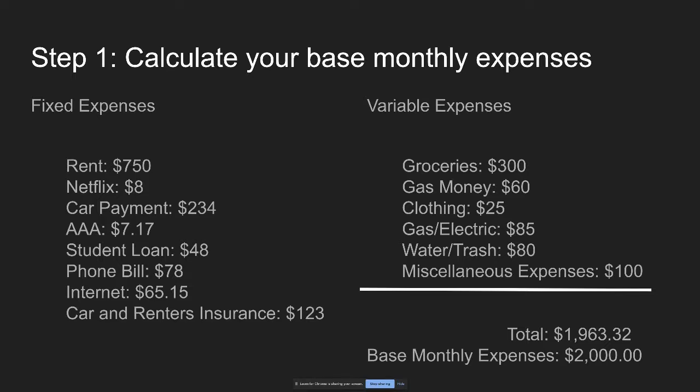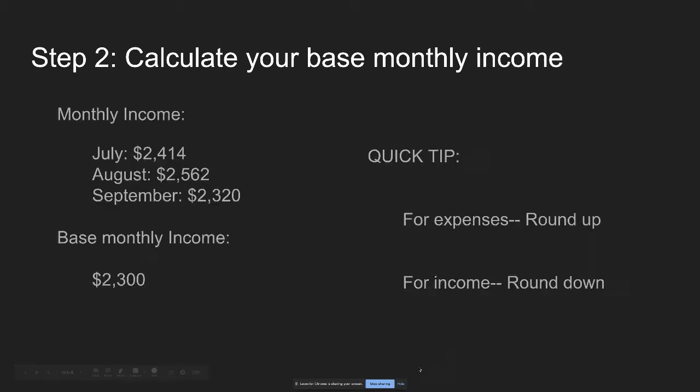For variable expenses, look at the last 3 months, take whatever the largest amount you spent in each of those categories is, and then round it up to the nearest $10. Once you've done that, total those expenses, and then round up to the nearest 100. That number is going to give you your base monthly expenses. We'll talk more about that as we move forward.